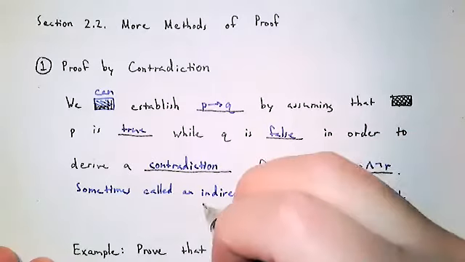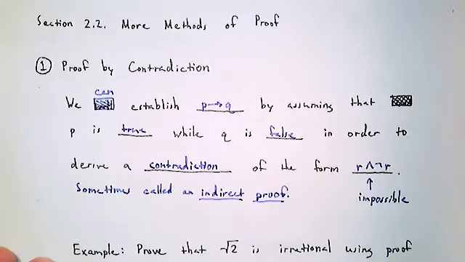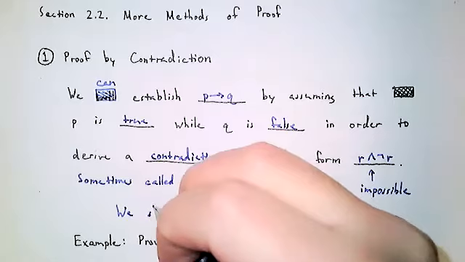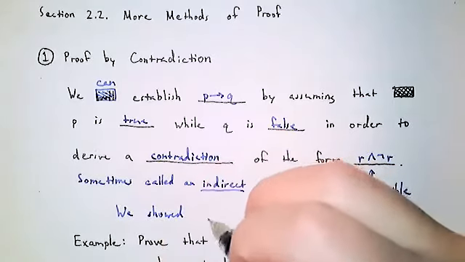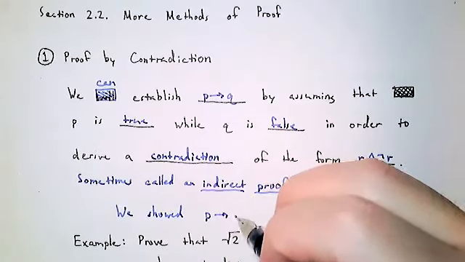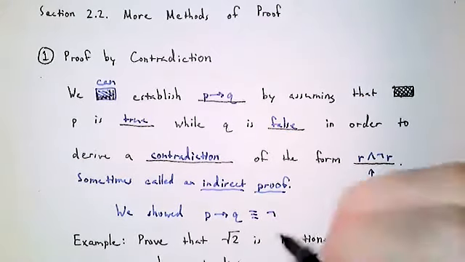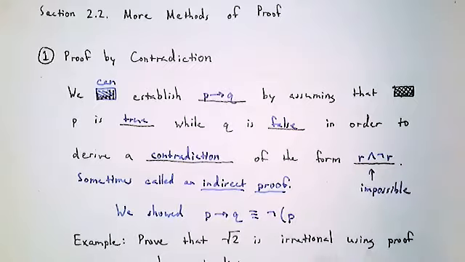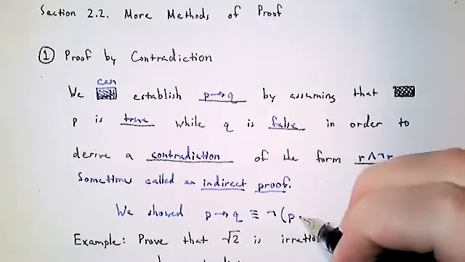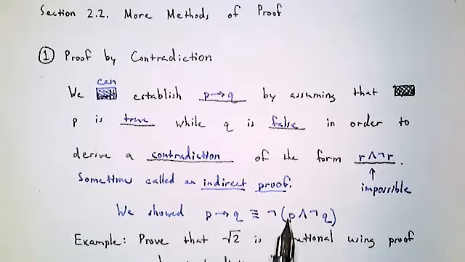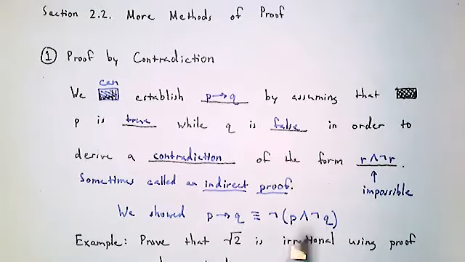And the way this relates back to the logic that we learned in chapter 1 is this. We showed that the implication, if P then Q, is logically equivalent to this proposition, which says it's not the case that P and not Q. So what we're doing is assuming on the inside that P is true and Q is false, and we're trying to show that it's impossible.